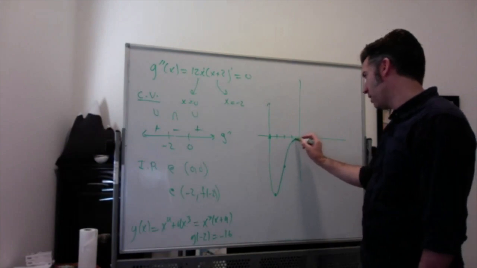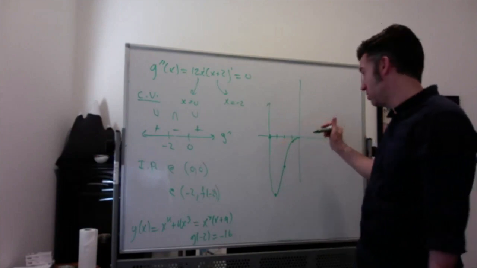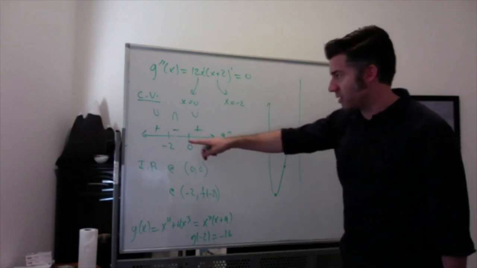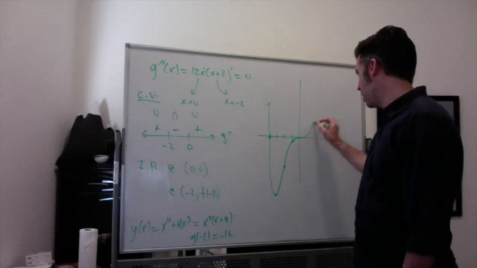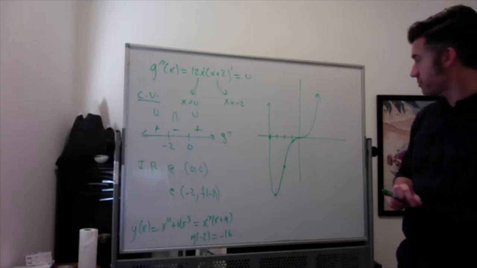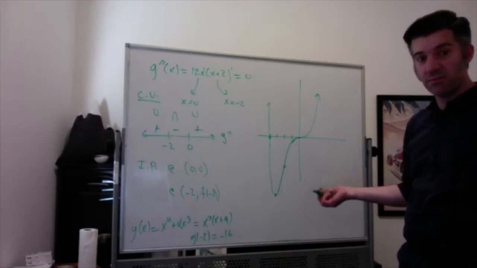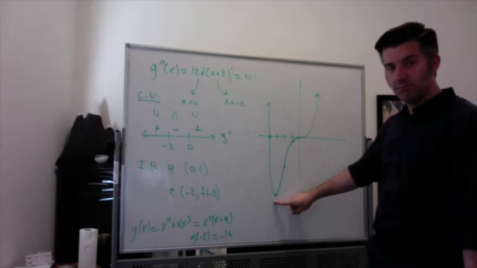And then right at 0, I have to flatten out because, one, the derivative is 0 there. And two, I have to change concavity from being concave down between -2 and 0 to concave up, like that. So there's our graph. Concave up, concave down, concave up, relative minimum. That's kind of it.